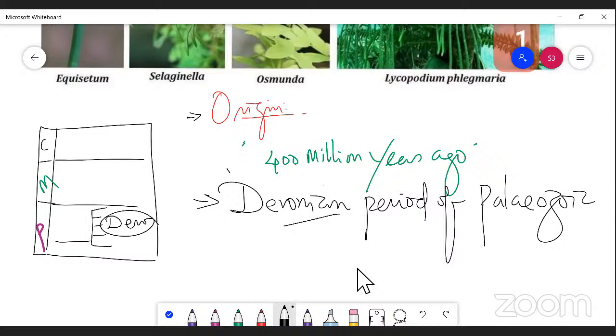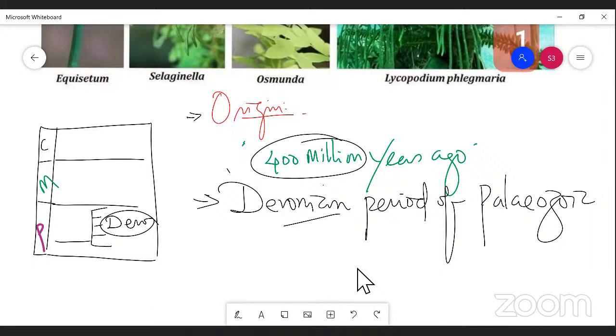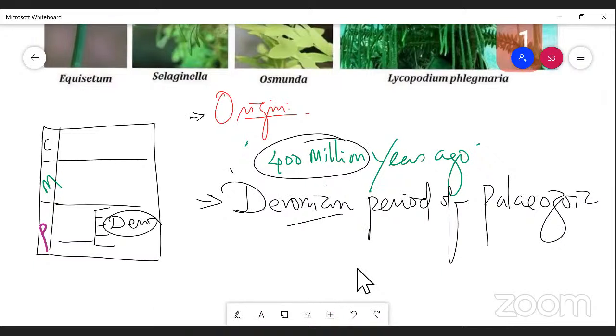The Devonian period is nothing but about 400 million years ago. During that time, these members of pteridophyte originated on the Earth's surface, right? So this is the origin and development of these pteridophytic members.